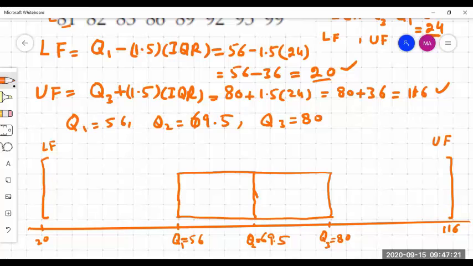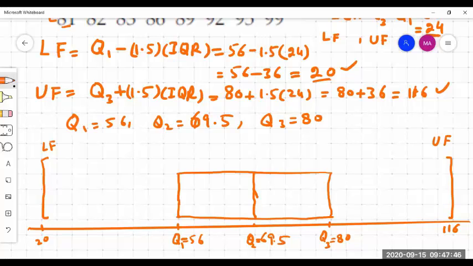And now we have to look into the data. First, find the smallest value which is larger than the lower fence, meaning it is not an outlier. Our lower fence is 20, and we have to see what the smallest value in the data is that is greater than 20, right? So let me show you the data.